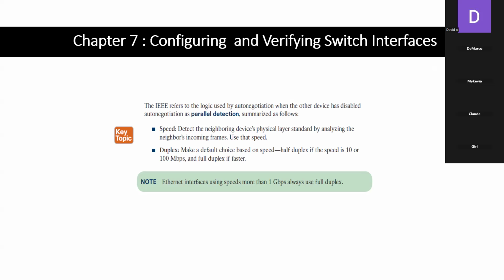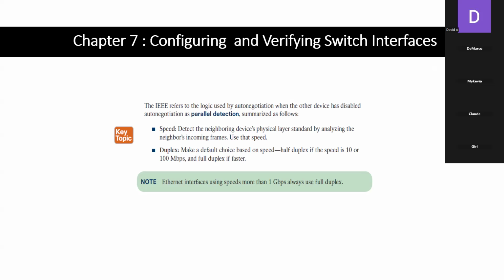The other device, let's say my Cisco device, the one that's using auto negotiation, so I can be clear, sends fast link pulses, right? And it can examine the incoming electrical signals of those Ethernet frames and notice differences between the signals used for 10BASE-T, 100BASE-T, and so on.